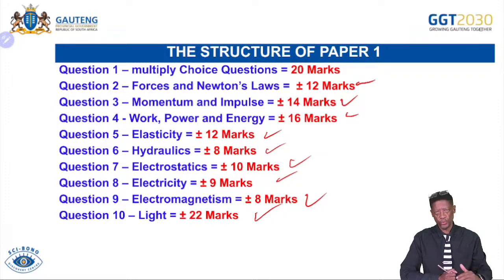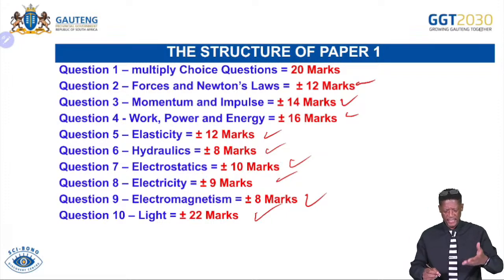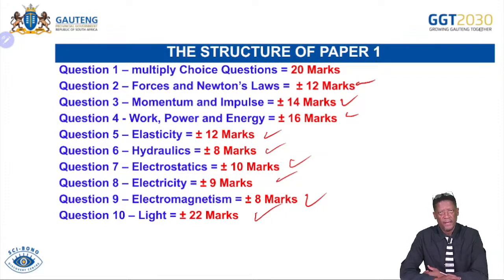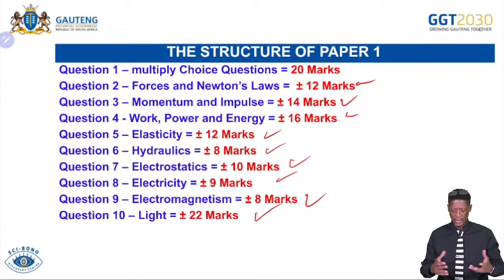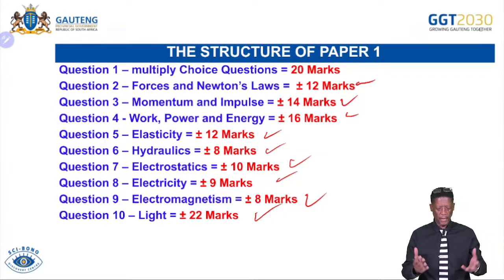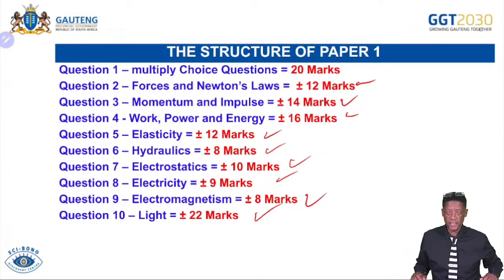Out of 22, at least you can get 10 or 12 marks. Then you go to momentum, 14 marks. Then you go to work, power and energy, which is 16 marks.